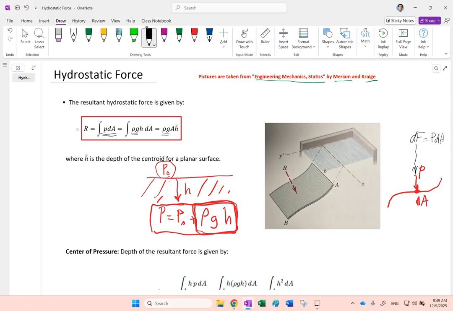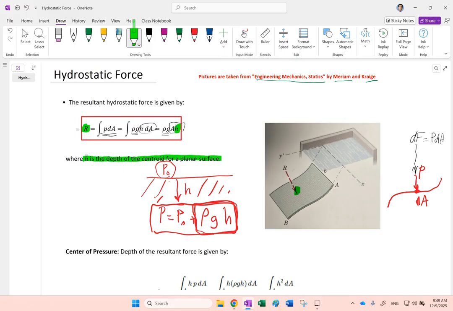Then the integral of h dA you replace by A times h bar, where h bar is the depth of the centroid of that planar surface. So if you know where the centroid of the surface is, its depth is used in this resultant formula.